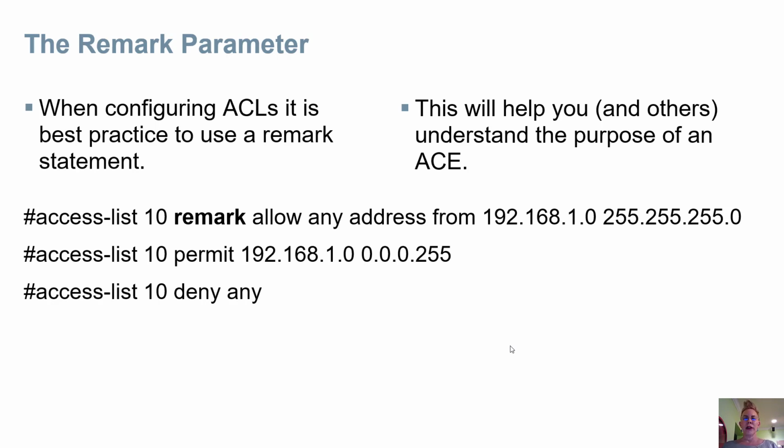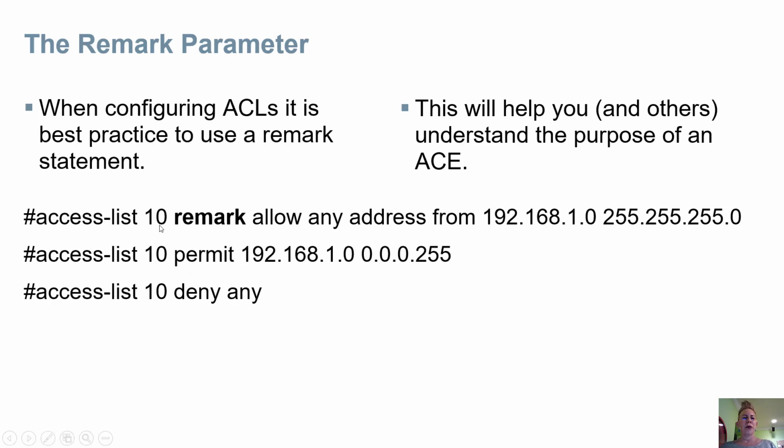Access control lists can get really complicated. You may have several entries. And so if you just go ahead and put in word for word what this access control list is doing, it will really help you in the long run, especially if somebody is trying to go behind you and figure out this access control list, or they need to modify it or remove it. This will help them.